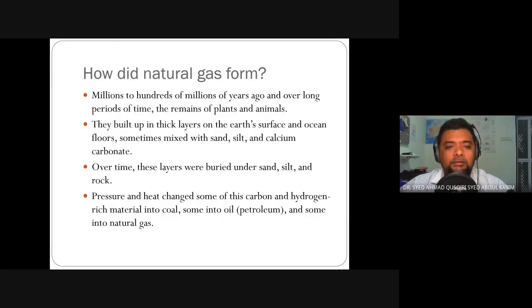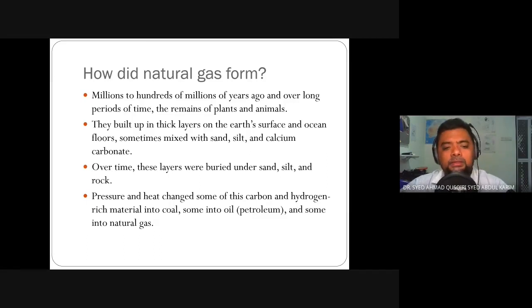So in terms of formation, how did the natural gas form? So, millions or hundreds of millions of years ago, over long periods of time, the remains of prehistoric plants and animals built up inside the ground in thick layers beneath the Earth's surface and ocean floors. Sometimes they got mixed with sand, silt, and calcium carbonate.